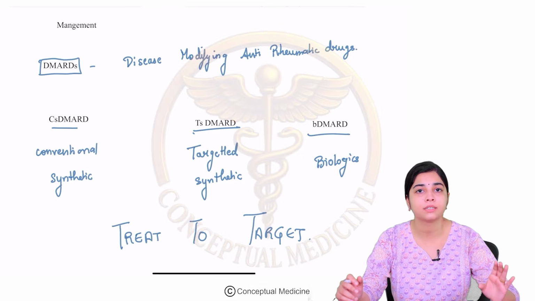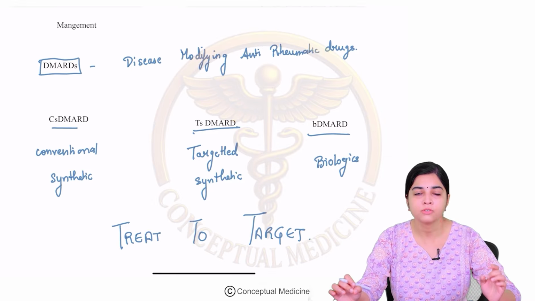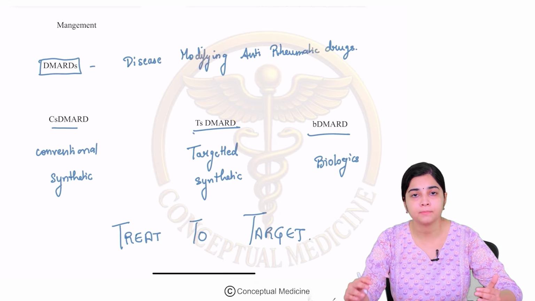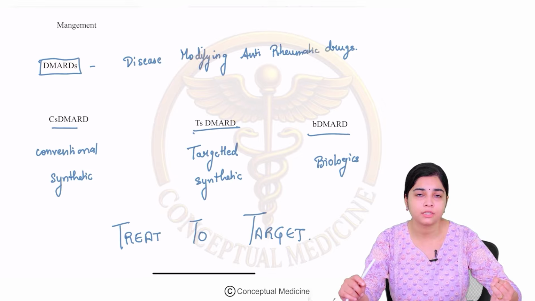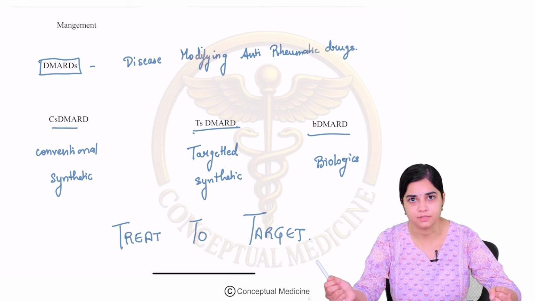So these are certain defined targets which are put forth for the management of RA. So the motto in the management of RA is treat to target. So you keep the patient as comfortable as possible, reduce the tender joint count, reduce the swollen joint count, keep them pain free, and reduce the extra-articular manifestations.